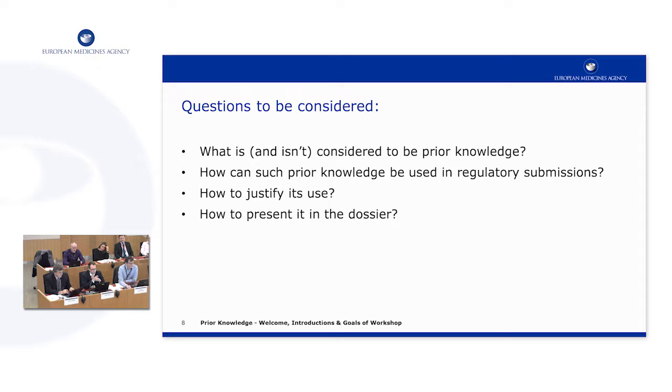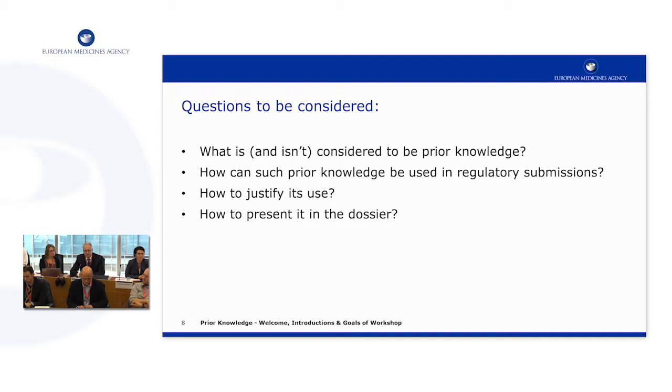So by moving the bar forward, where you have less data at submission, and we agree up front to accumulate more knowledge, you could use some additional controls to justify that you're using an awful lot of prior knowledge to justify your control strategy. So you'd apply a more risk-based approach to it, and it'll depend on the attribute and the case. I think it's all a risk-based approach, and it's all linked to the benefit-risk.